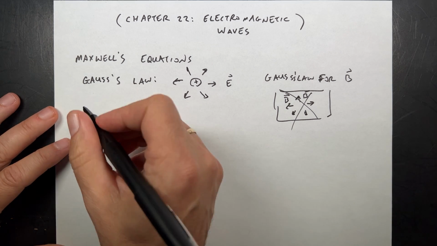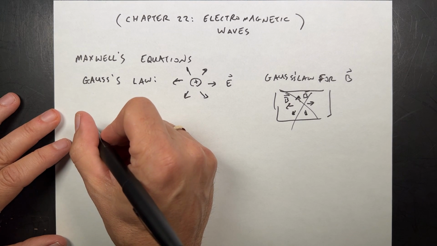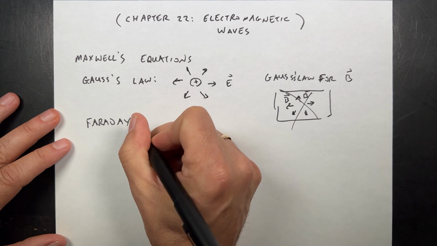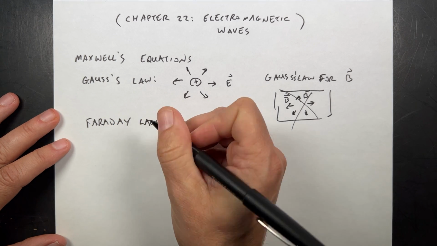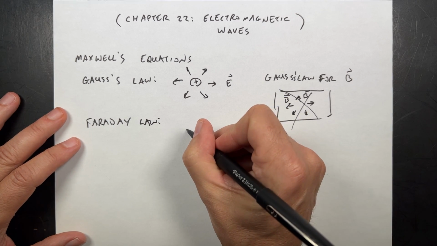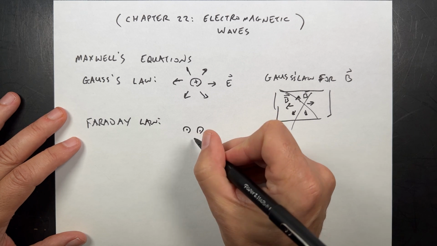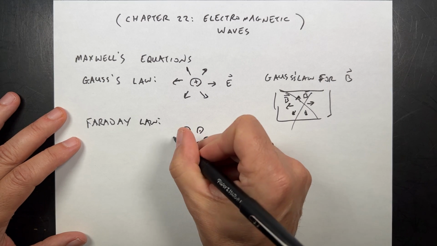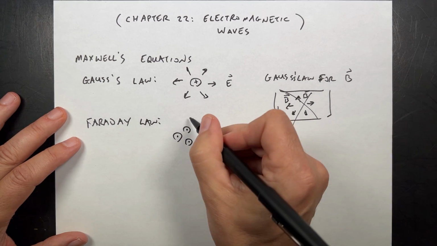Now, I'm trying to decide how to draw this. We have Faraday's law. Let me write this like this. This is the magnetic field coming out of the page. Remember, if you draw circles like that.